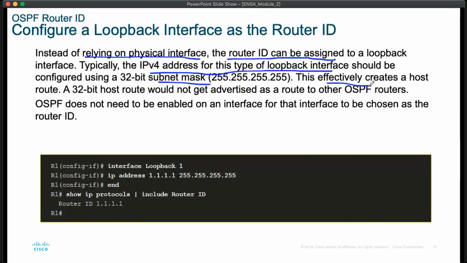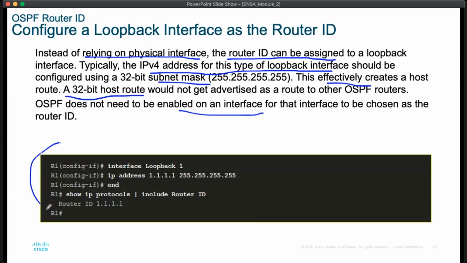This effectively creates a host route. A 32-bit host route will not get advertised as a route to other OSPF routers. OSPF does not need to be enabled on an interface for that interface to be chosen as the router ID.